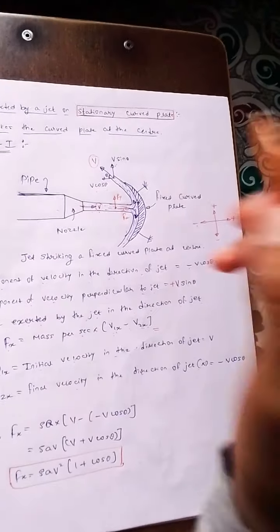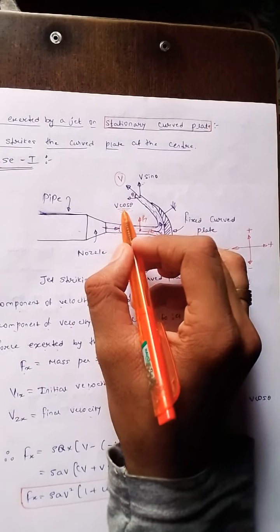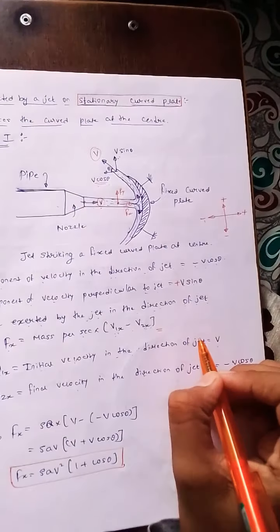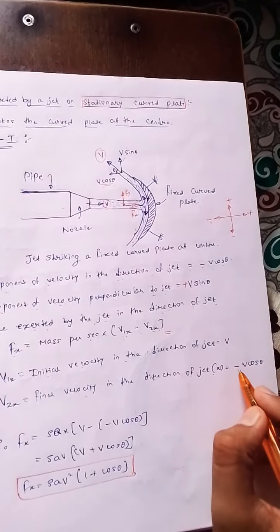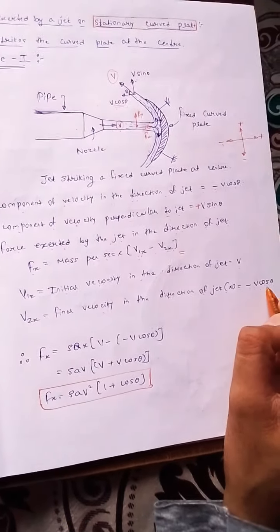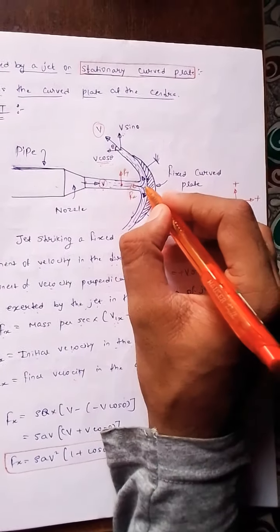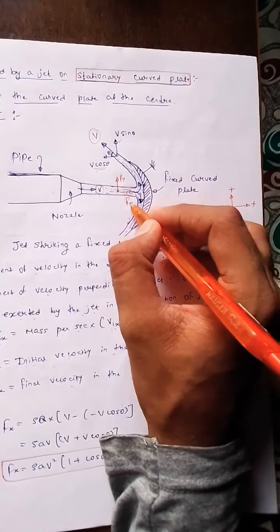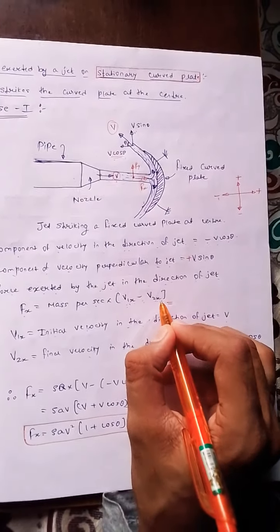So if you see, the final velocity is v cos theta, and it is also moving in the left-hand direction, so we have given it minus. So the final velocity in the direction of x is equal to minus v cos theta. You should not be confused that the final velocity will be equal to 0. Why? Because we have clearly mentioned v1x minus v2x.